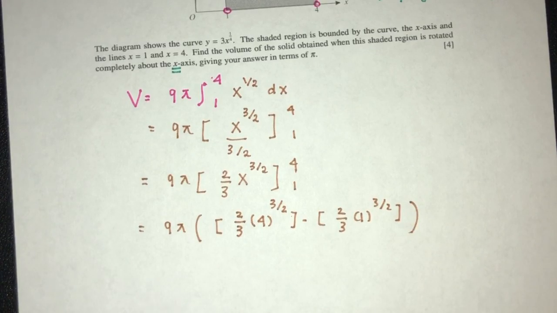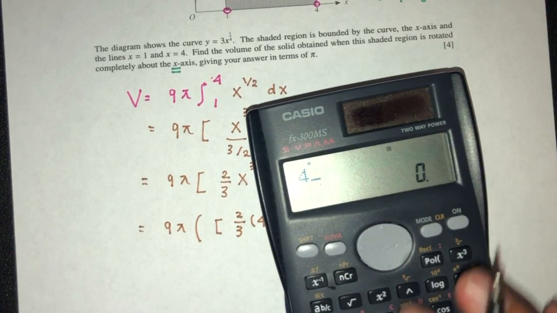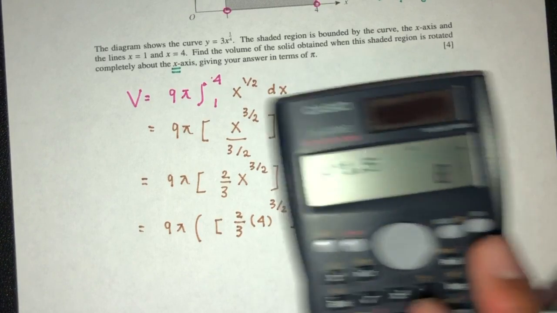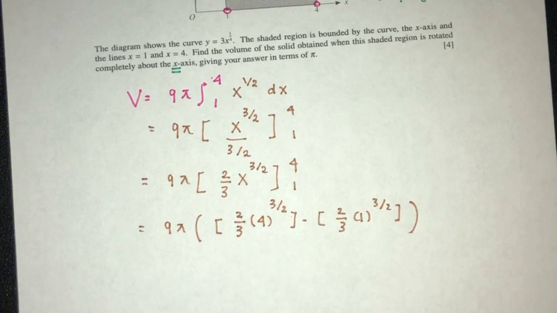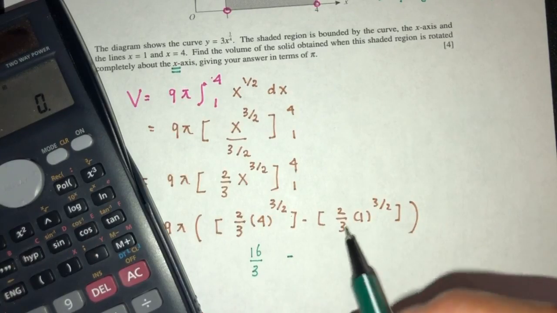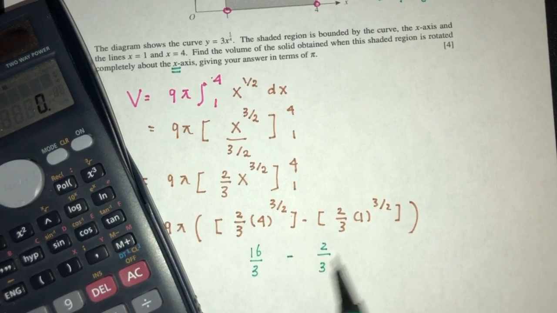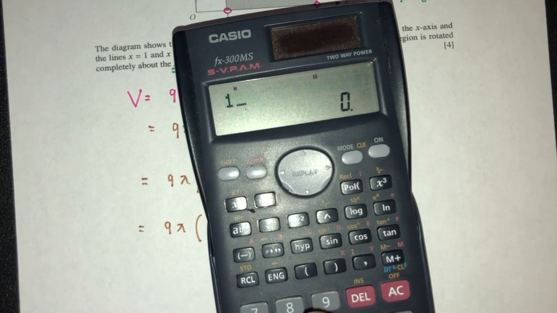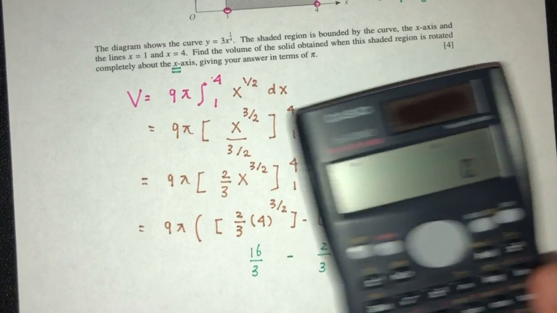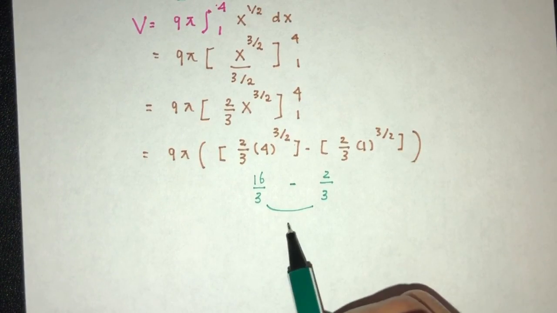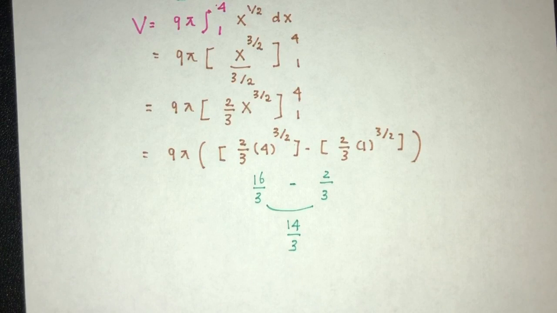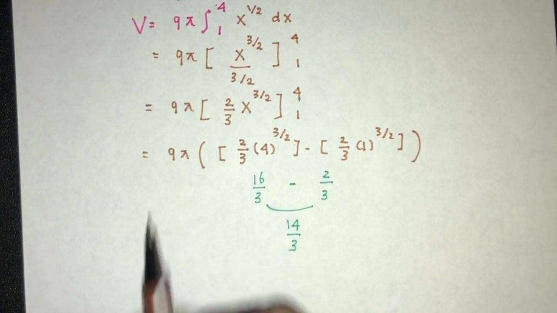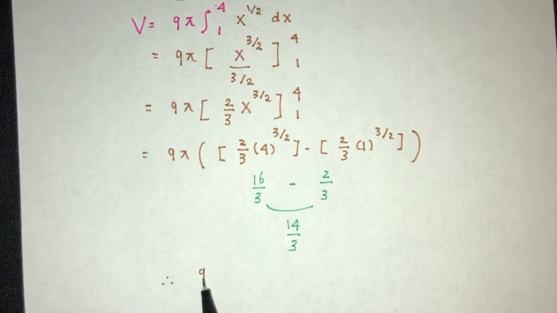Now we can simplify one by one. 4 to the power of 1.5 is 8. 8 times 2 will be 16, so 16 over 3. Minus, here we have simply 1, that should be 2 over 3. So 16 minus 2 should be 14. So here you will have 14 over 3. But your answer will be what? We have to take the 9 pi as well, so 9 pi multiplied by 14 over 3. You will have cancel out.